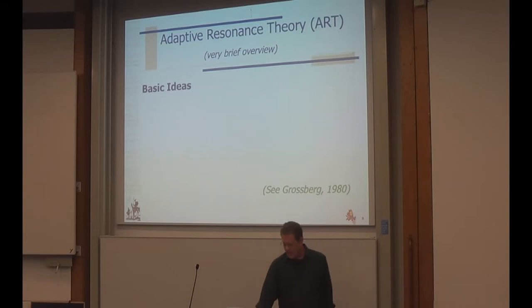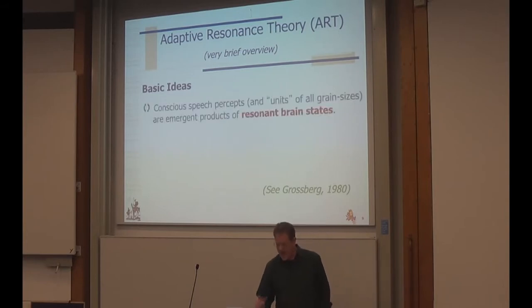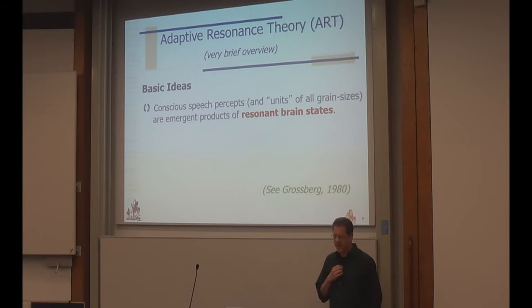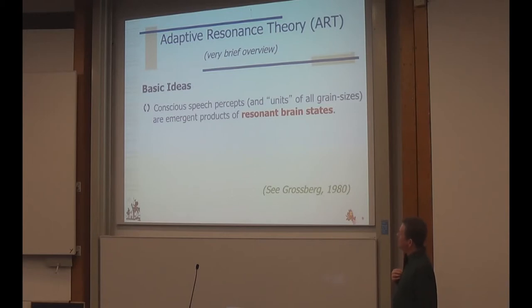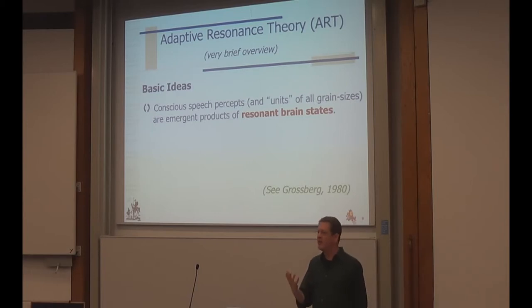A really brief overview, as adaptive resonance applies to speech, and it's really a general model of attention and memory and perception. What Grossberg argues is that whatever you are conscious of when you're having a conversation, what you appreciate perceptually and could report as conscious awareness, is a product of top-down expectations and bottom-up matching processes.